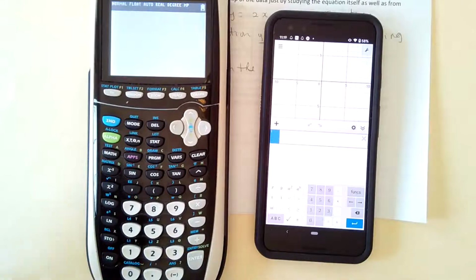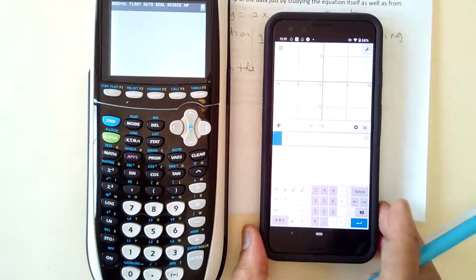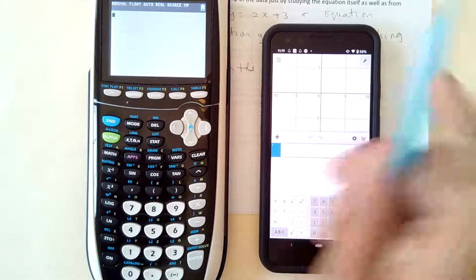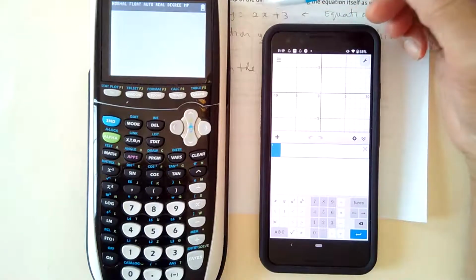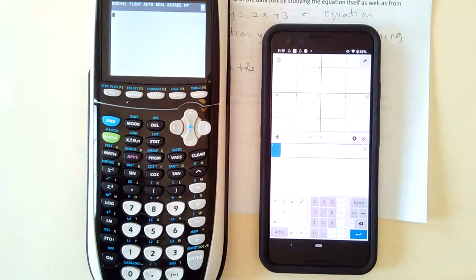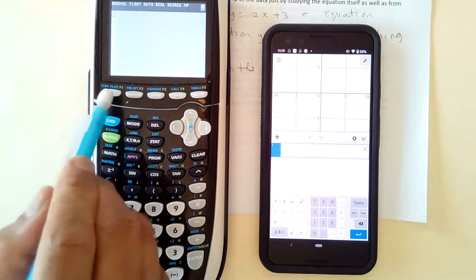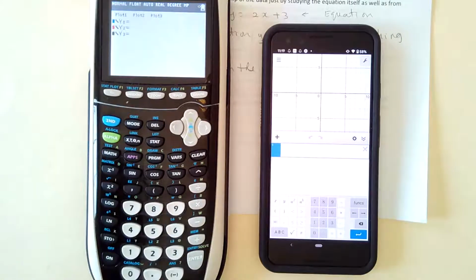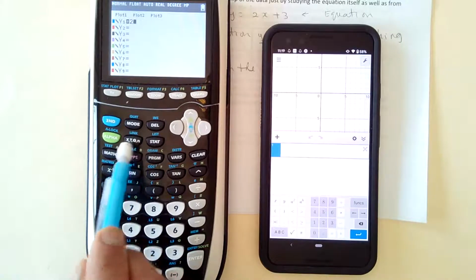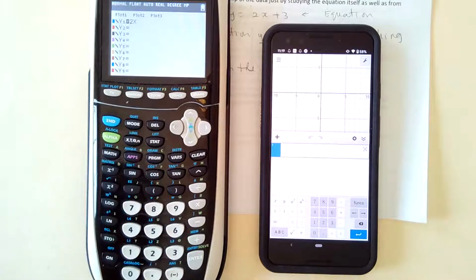So the first thing we want to do is input our equation y equals 2x plus 3 into my calculator. In your graphing calculator, you want to press the y equals button first. Then I type 2, and this is your x button here. 2x, plus button across here, 3.